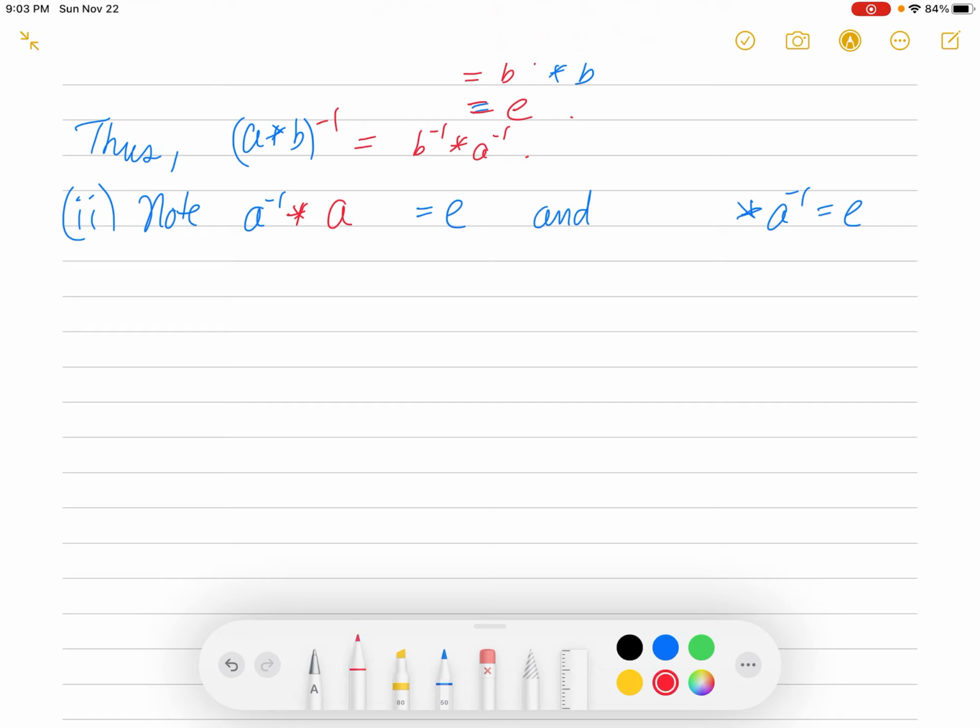Well, I can star A inverse on the left by A. So however you want to do it, you can star on the right by A, you can star on the left by A. That means, thus, A inverse's counterpart is A, right? What you multiply A inverse by to get the identity is A. And that's the proof. Yeah, so that's exactly the same as when you were dealing with matrices.